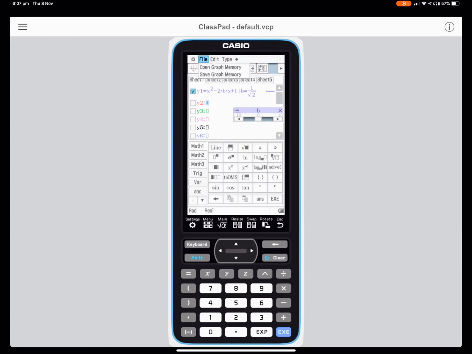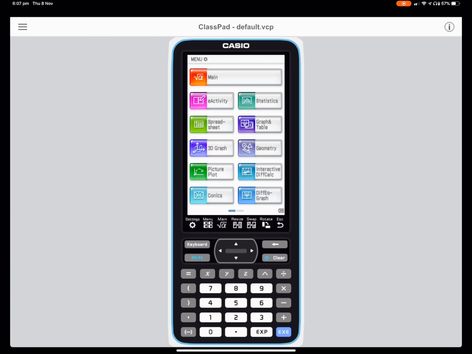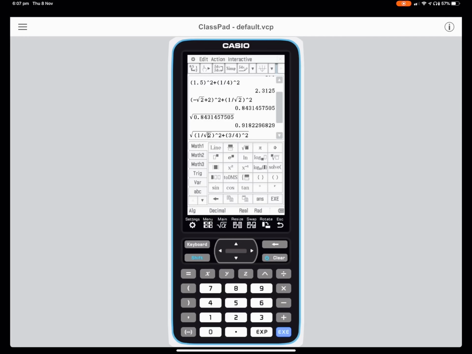come on, you stupid thing. Okay, 1 on root 2 and a half. 1 on root 2. So 1 on root 2 and a half. So that's 0.866.